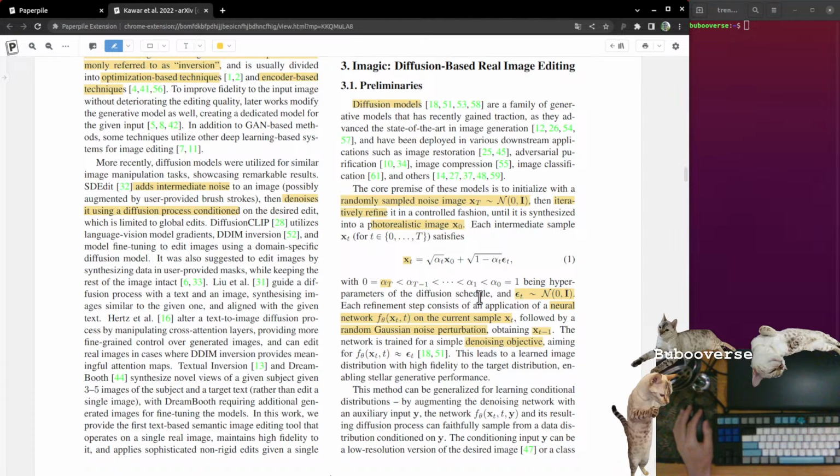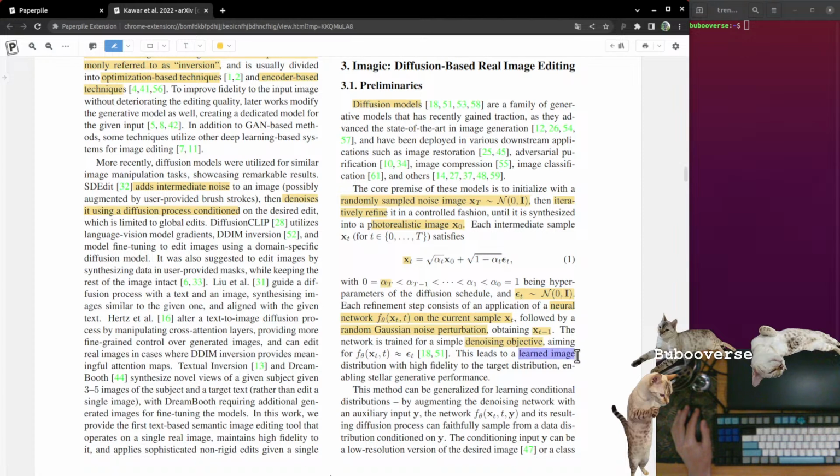As you keep adding this noise here, what the network is trying to predict is: now that I have this image and this time step t, what is the noise for this, and how do I denoise that?